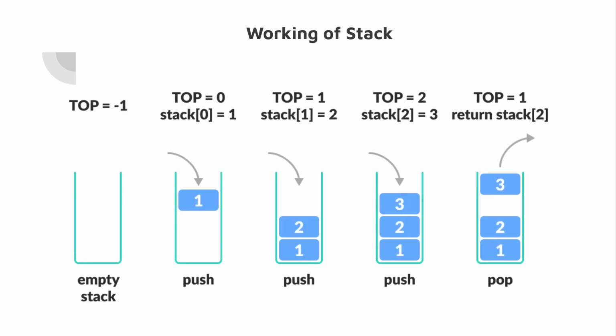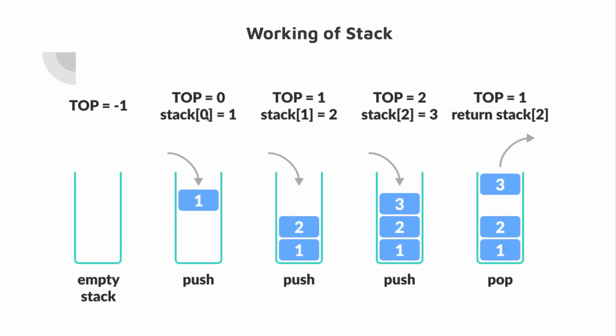So those two conditions we would be checking. As I told you, I will tell you why we have taken the top value as -1. As you can see here, we have an empty stack and our top value is -1. Whenever I push a value into the stack, I take top as 0, meaning we have increased the value of top from -1 so that I can store into stack position 0.